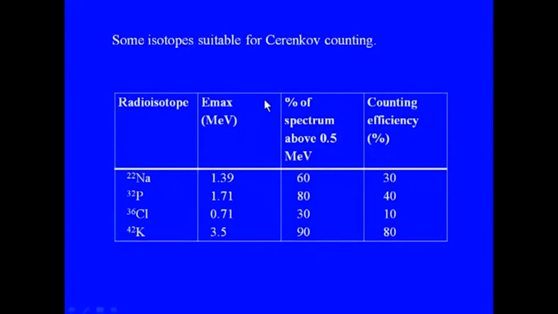So, if you look at this table here, there are radioisotopes which have an energy spectrum above 0.5 million electron volt. The percent of the spectrum above 0.5 million electron volt is 60% for Na, 80% for 32P, 30% for 35Cl and 90% for 42K, and they have counting efficiencies of 30, 40, 10 and 80% respectively.